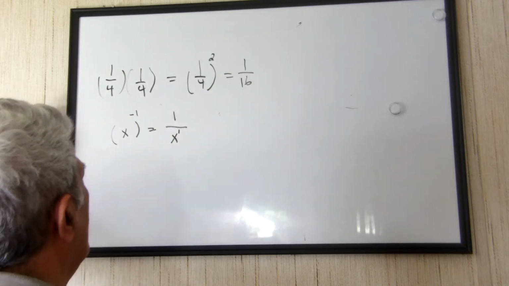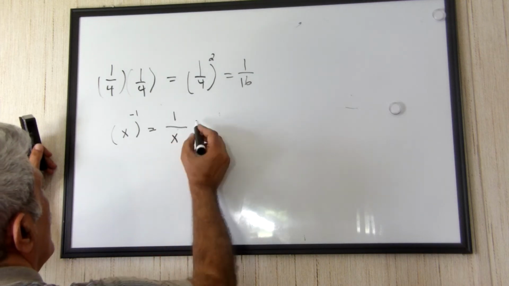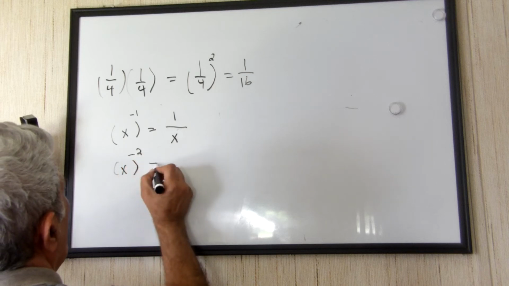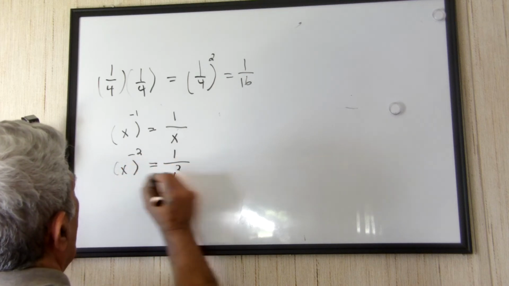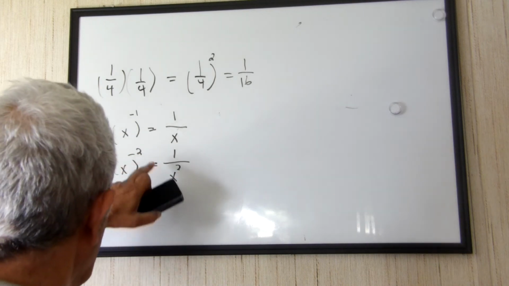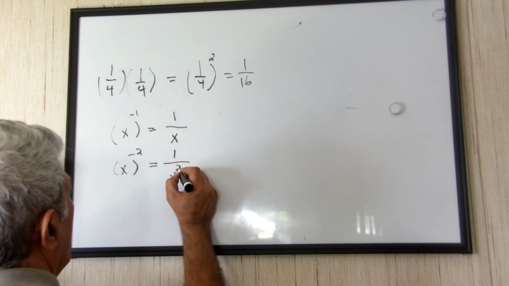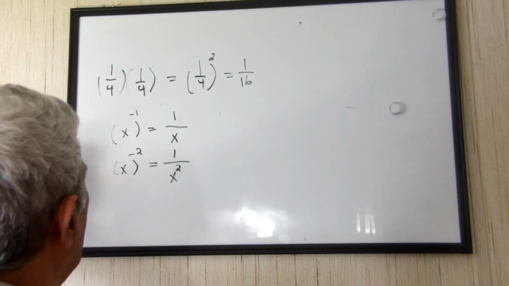We don't write it, so we will write 1 over x. How about x to the minus 2? It means 1 over x squared. You write everything like this, but change it to the positive exponent. This is actually 1 over x squared.